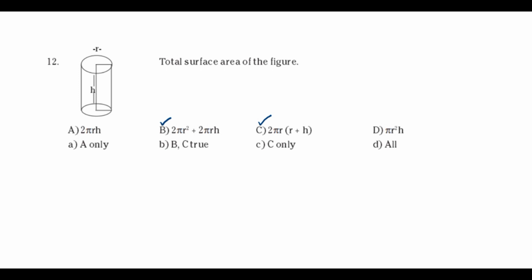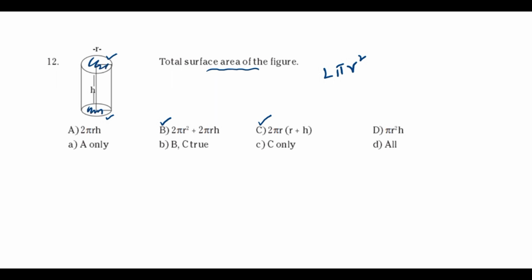Generally, to find the total surface area, the base area is pi r square and the top also pi r square. So we get 2 pi r square. The top area is pi r square, the bottom area is pi r square, because it is a circle.